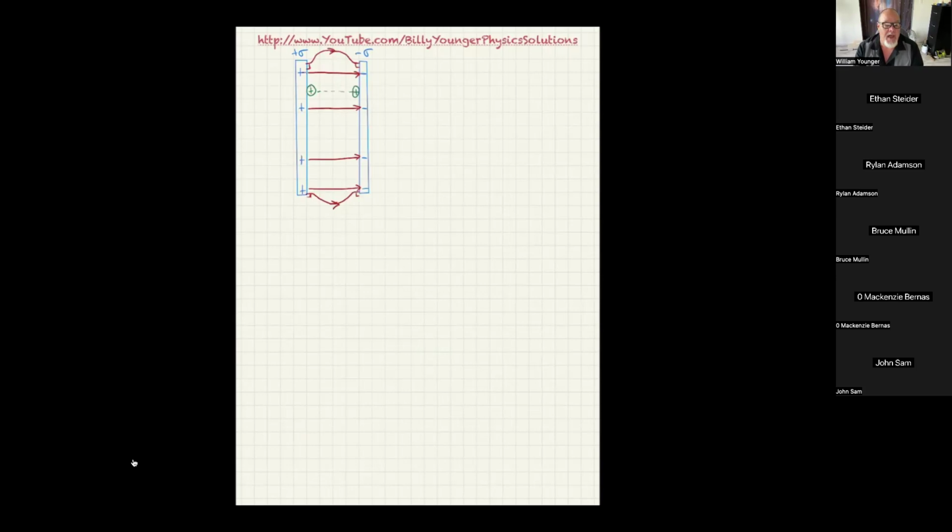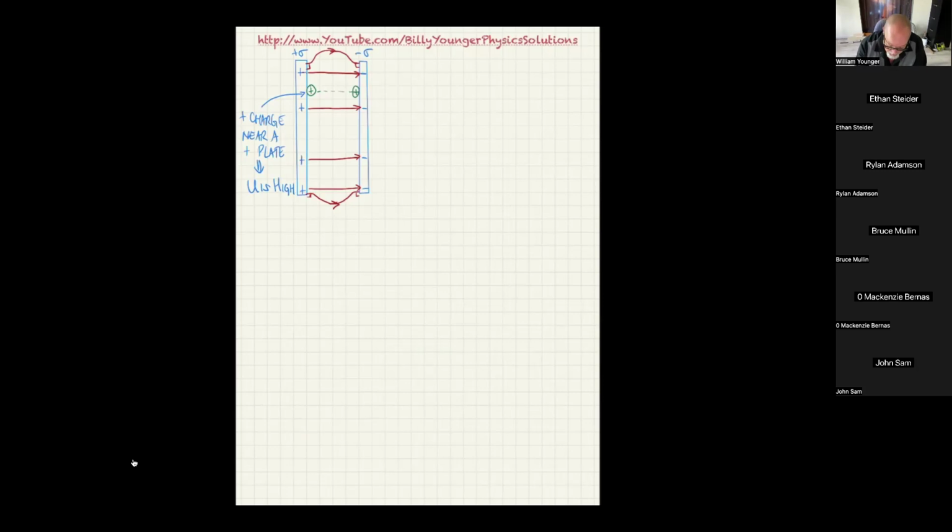And that means it has a very high potential energy. Positive charge near a positive plate implies U is high. And remember, U is potential energy.